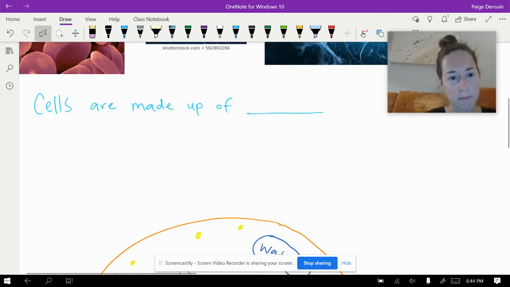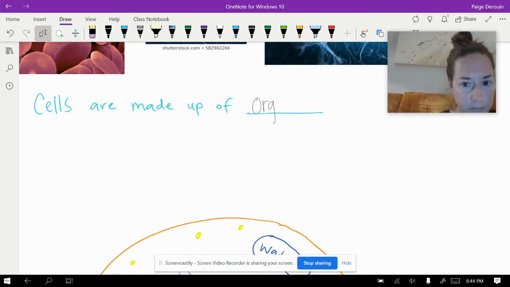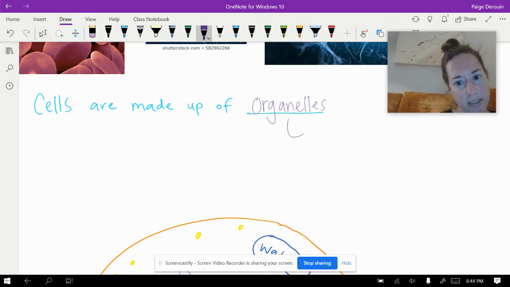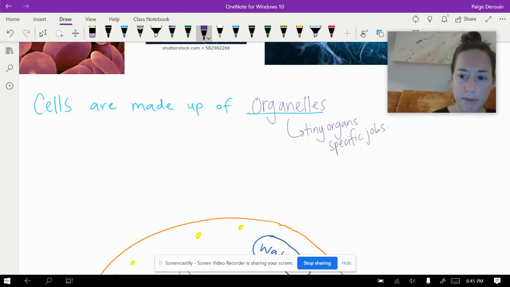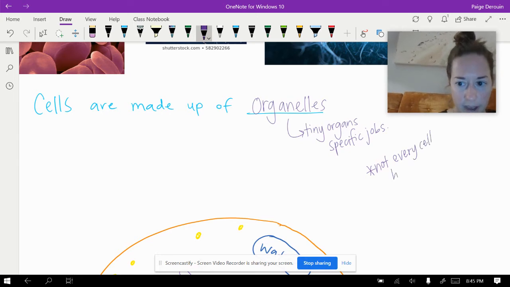So all cells are made of organelles, which we can think of as tiny organs. And they have specific jobs. Now, the other thing I'm going to make sure I say is that not every cell has every organelle.